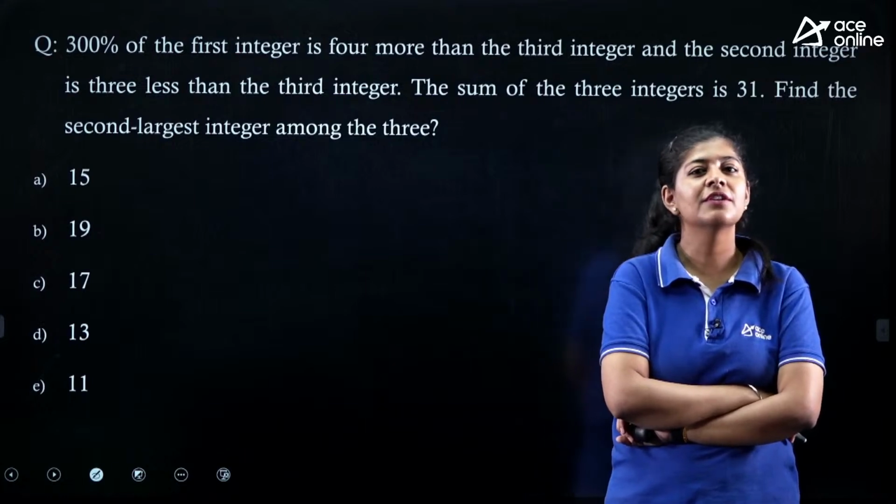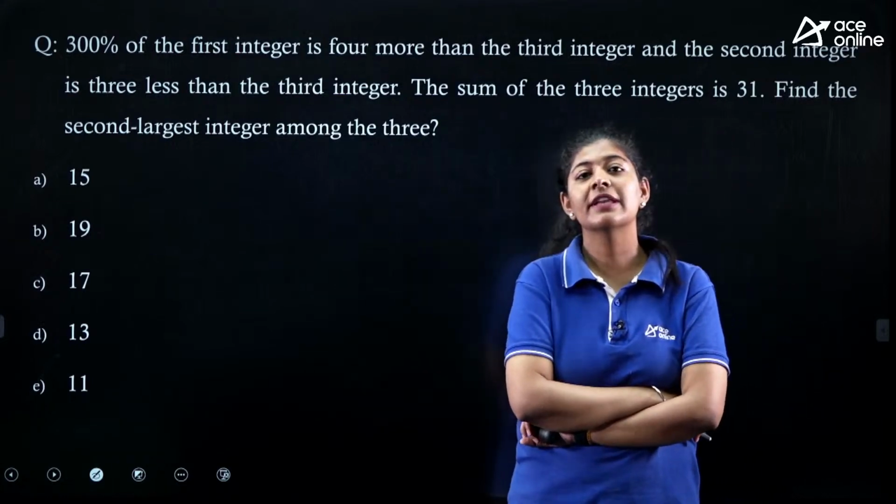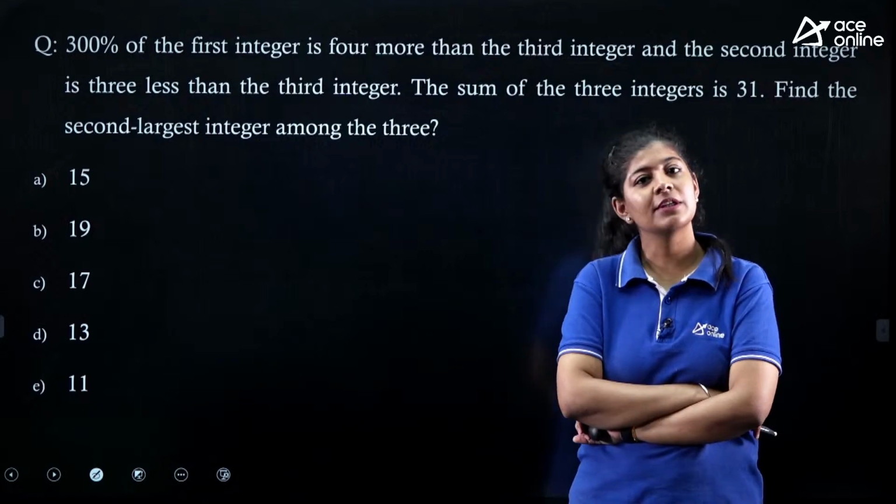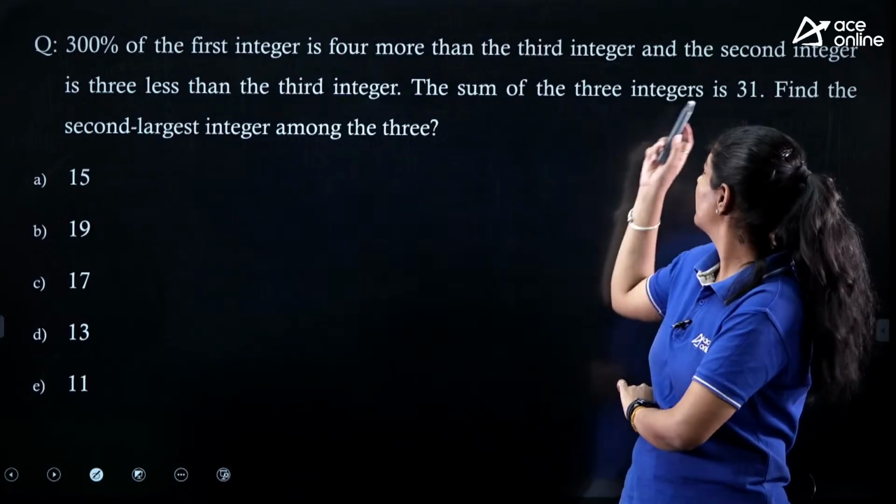We are having a relation between the integers. Initially, we are having 3 integers. Through this relation, we can convert all the variables into one, and we are having the sum over here.